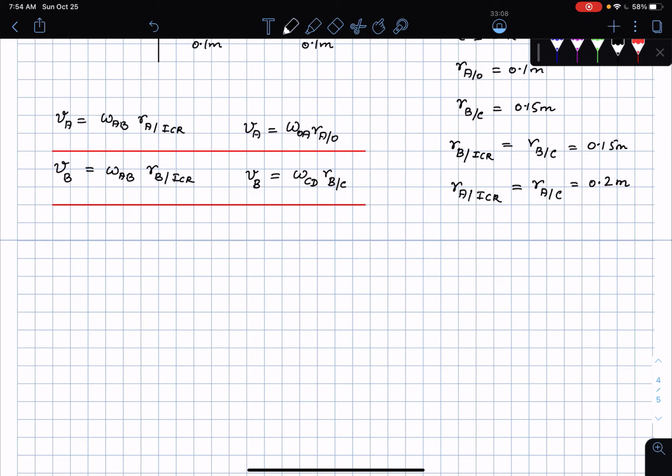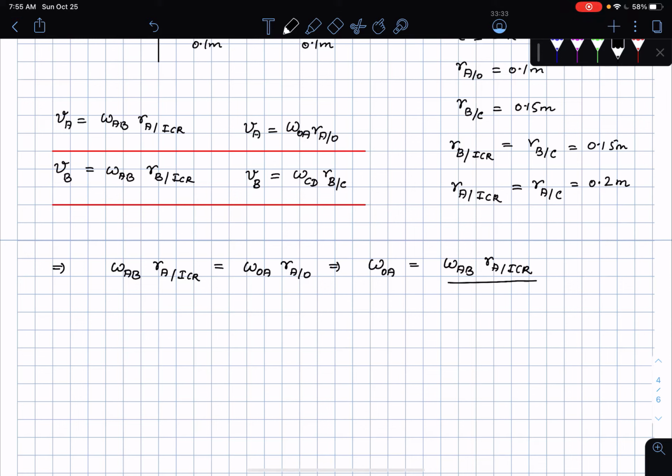Which tells me that omega AB times RA/ICR is equal to omega OA times RA/O, which implies omega OA is going to be omega AB times RA/ICR divided by RA/O.